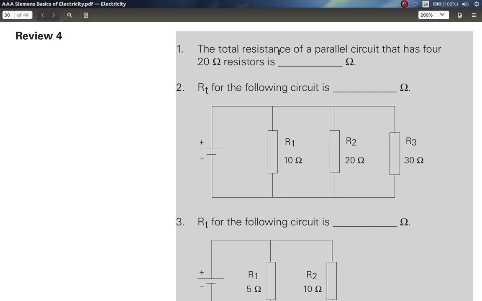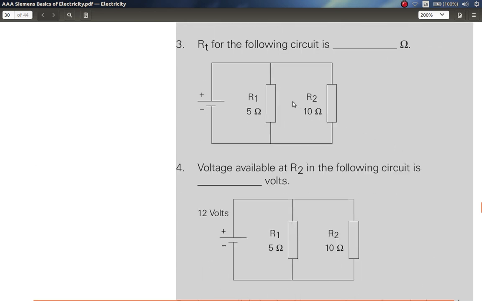Alright, what is RT, the total resistance, for the following circuit? They're asking for RT, the total resistance for this circuit as well. Voltage available to R2 in the following circuit is how many volts?